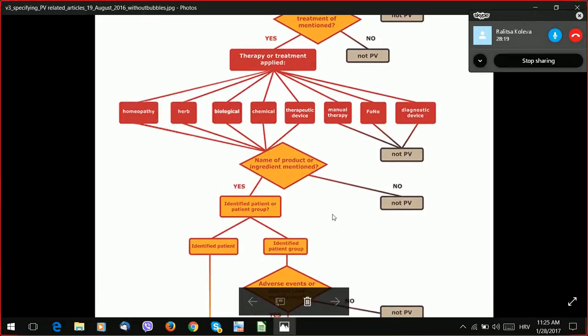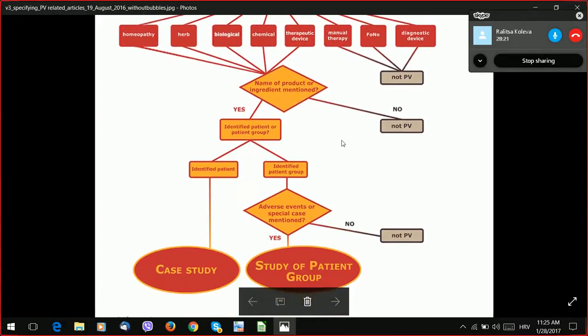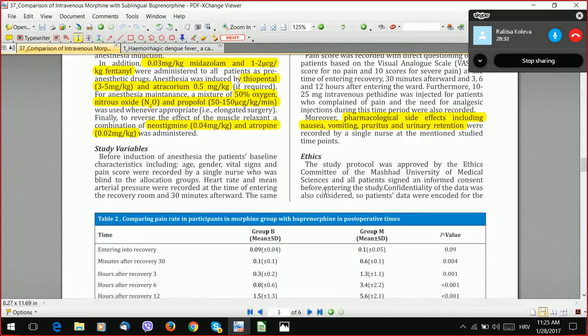Since we have an identified patient group, we need also to check if we have adverse events or special cases mentioned in the article. And yes, as you can see here, in this sentence I found indications that there were some adverse events related to the treatment applied in this patient group.